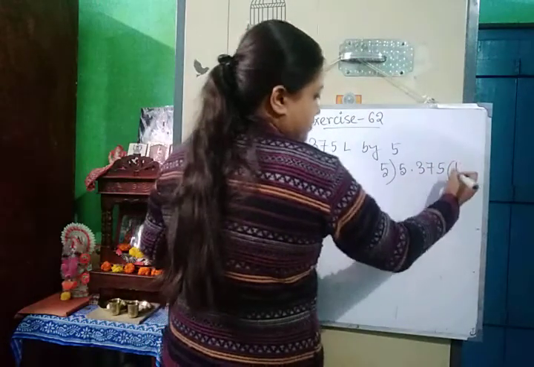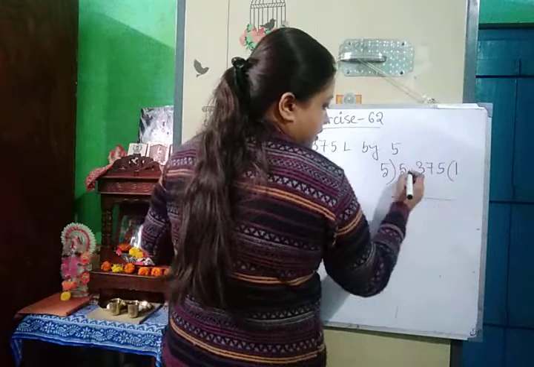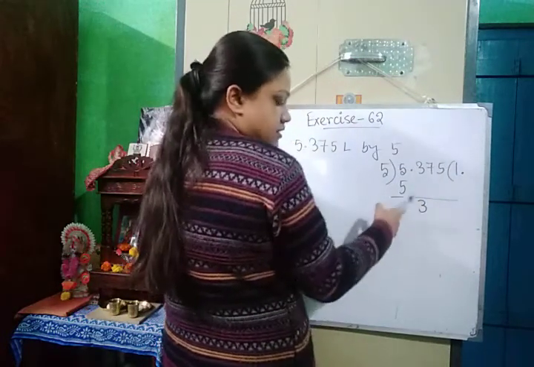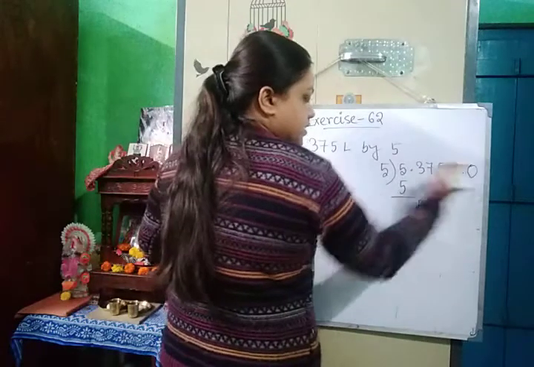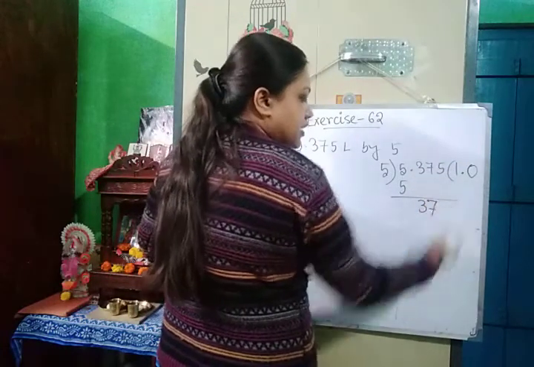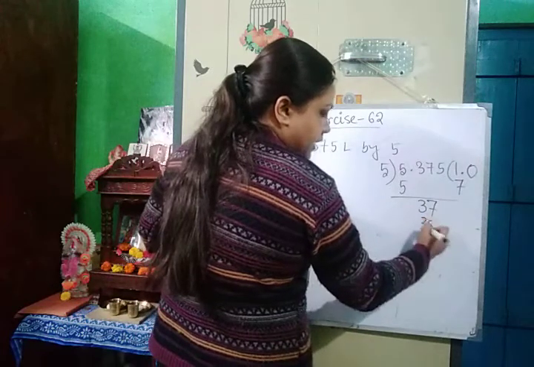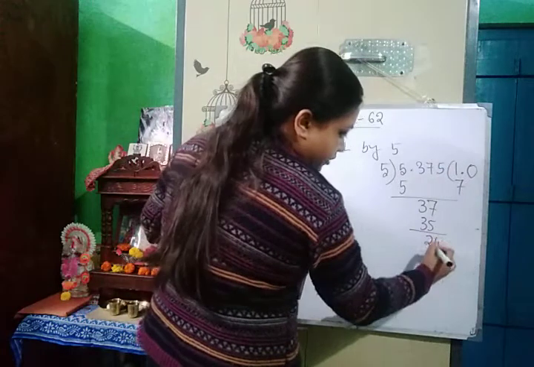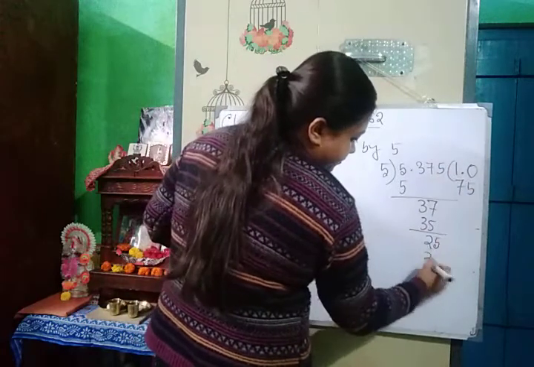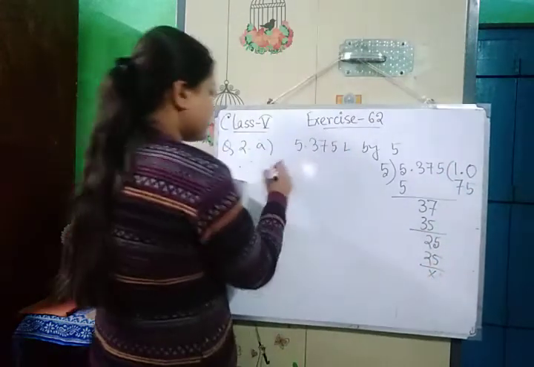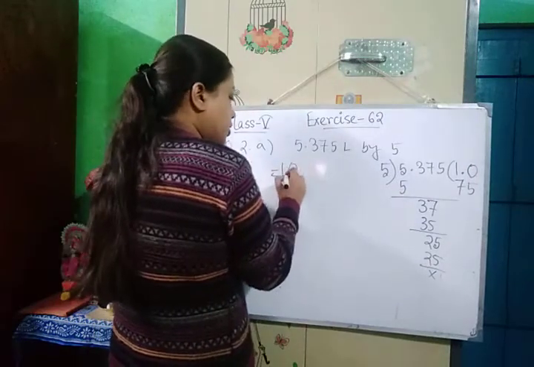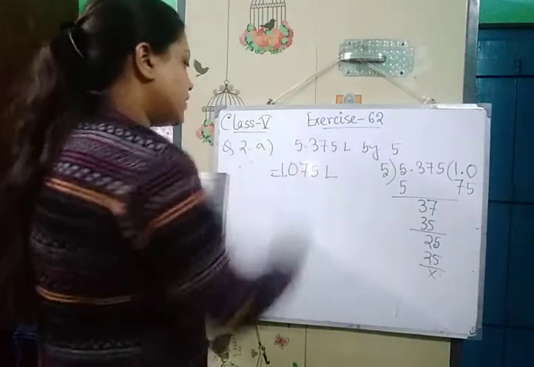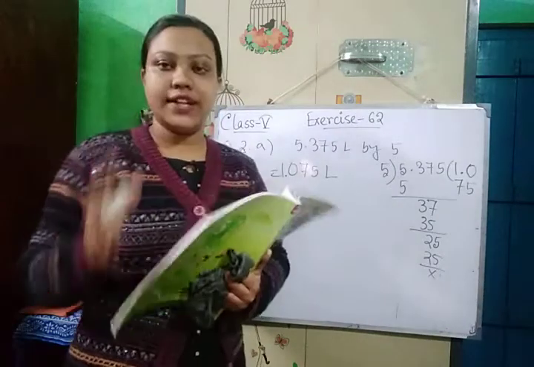So 5 ones are 5. Now we will put the point here and we will take down 3. It's less than 5. So again we will put a 0. We will take down 7. 5 7s are 35. I am writing 7 here because space is not there. 2, then 5. So 5 5s are 25. That means 1.075 liter.